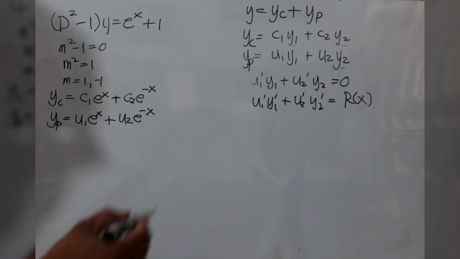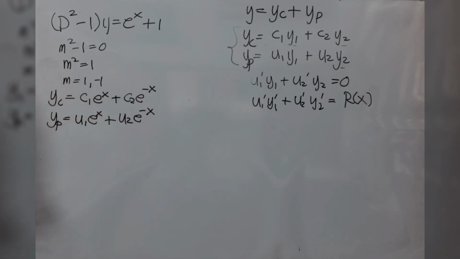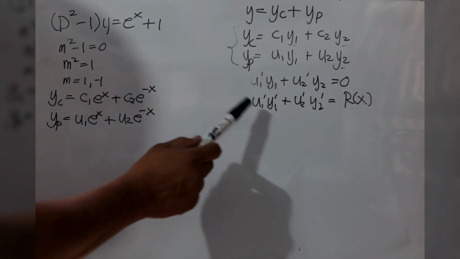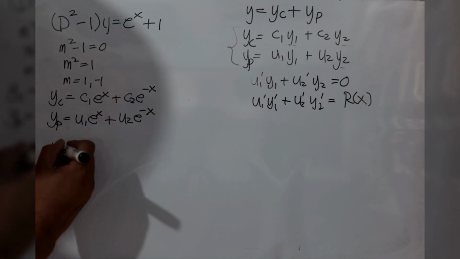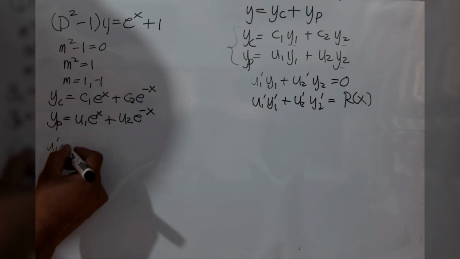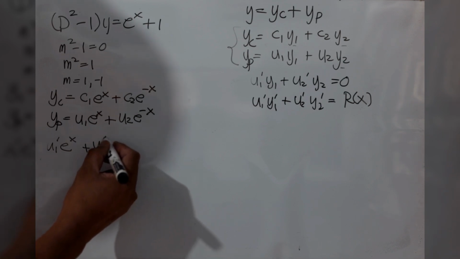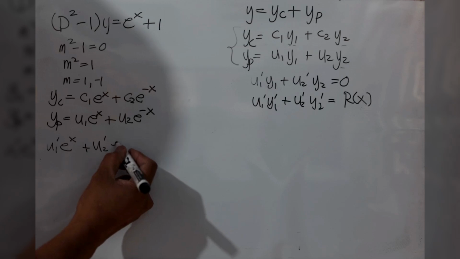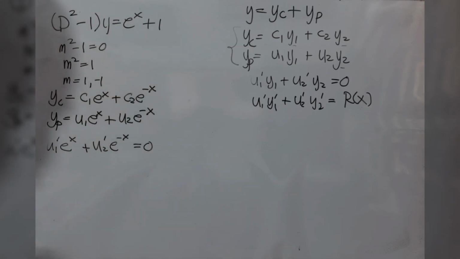Okay, so we have this now. Then we write the two equations. We have u sub 1 prime times y sub 1, which is e to the x, plus u sub 2 prime times y sub 2, which is e to the negative x, equals 0.